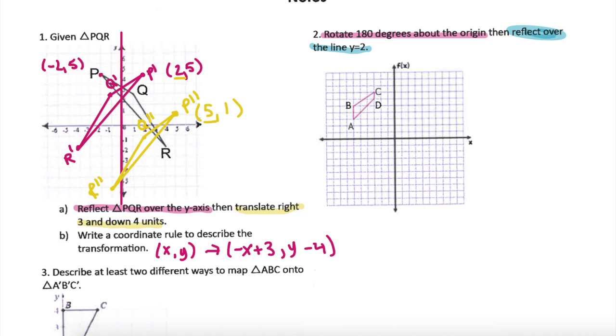So remember, when rotating, it doesn't matter if you go to the left or right when you have 180 degrees, because both will be the same. So I'm going to rotate to the right. So for point A, 1, 2, 3, 4, 5, 6 units to the left, and I'm going 3 units up.